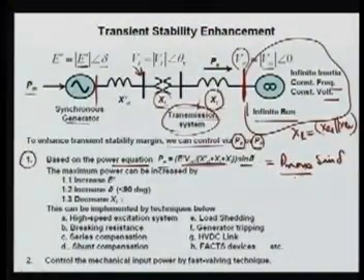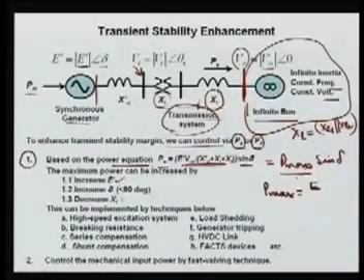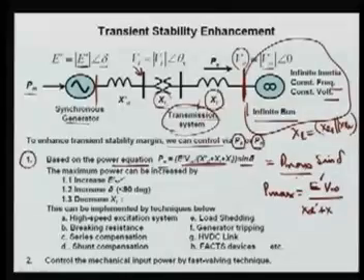So this can be maximum if we can increase E prime, because your P max is nothing but E prime, here I have used V infinite, divided by XD prime plus XT plus your XL.